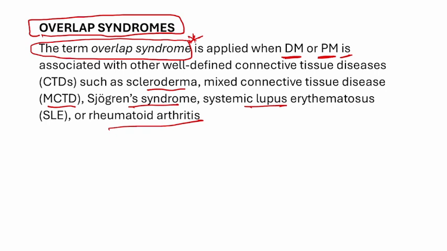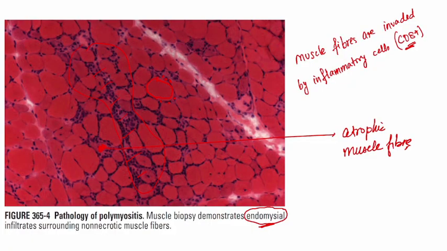Then very important are the images of the muscle fiber histopathologies. They will give you the image and they will ask the diagnosis. So you have to be very thorough with the lab findings and histopathologic findings along with clinical features of different myositis. So this is the entity.